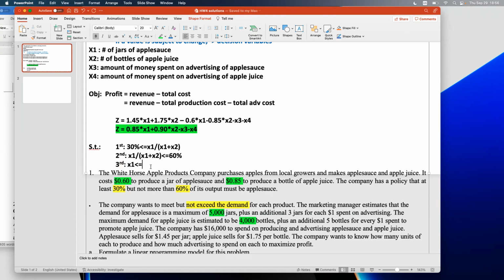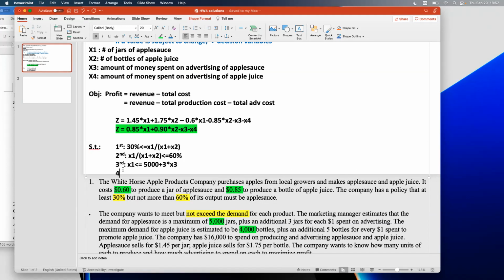The following sentence tells us the manager expects 5,000 jars, plus if we spend $1 on advertising, we can sell 3 more jars. So that's the baseline, 5,000 plus 3 times the money we spend on advertising applesauce, represented by X3. So that's the third constraint.